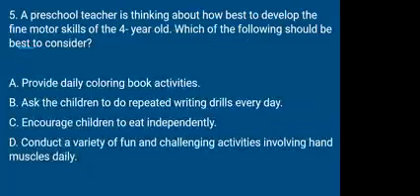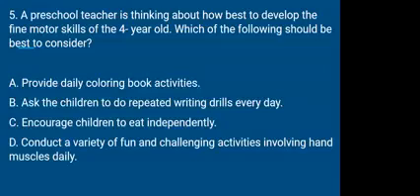Okay, for number 5, wait lang, allow me to mute. Okay, there you go. For number 5, a preschool teacher is thinking about how best to develop the fine motor skills of the 4-year-old. Which of the following should be best to consider?